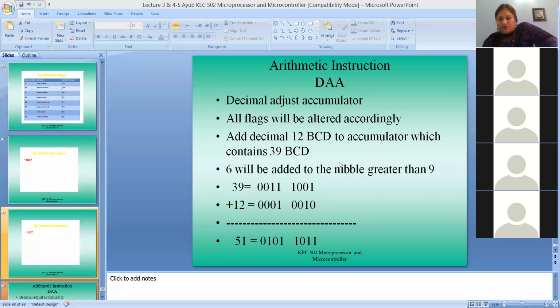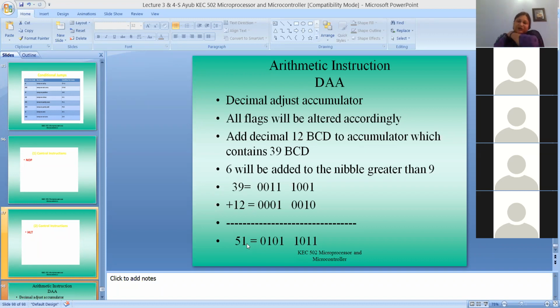So if you want this kind of results, then after the add instruction, you have to write the DAA instruction. It will adjust the accumulator the decimal way. So when we add these two data and write the DAA instruction, then instead of the 4B result, you are getting 51.